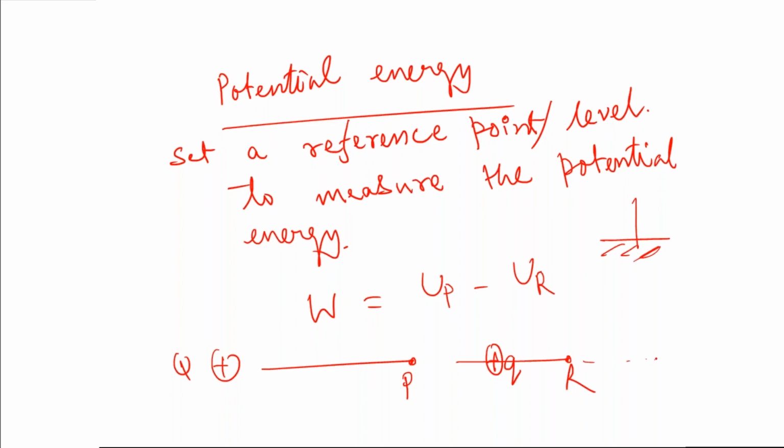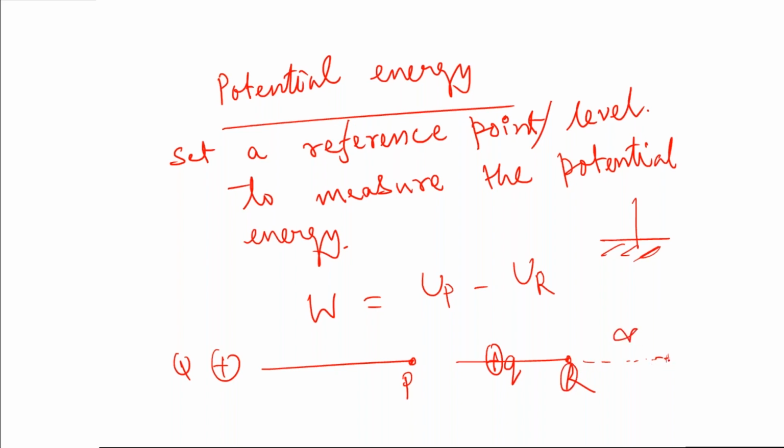So when will this potential be zero? Actually at infinity, and we'll show you that when we calculate. Electrostatic potential energy or gravitational potential energy, you can see, at infinity the electrostatic potential will be zero.